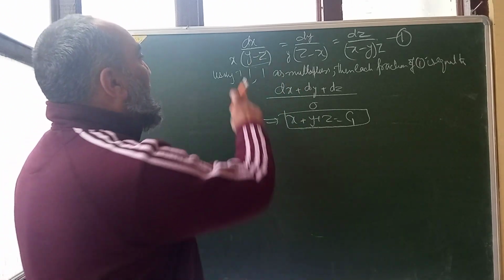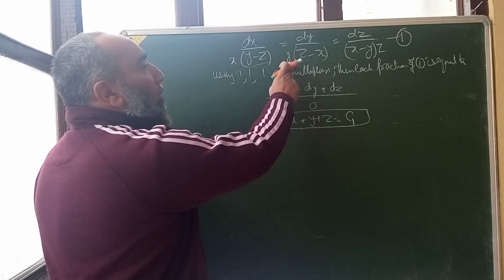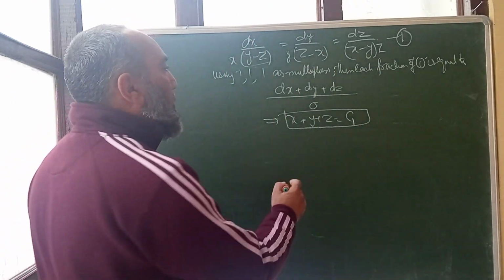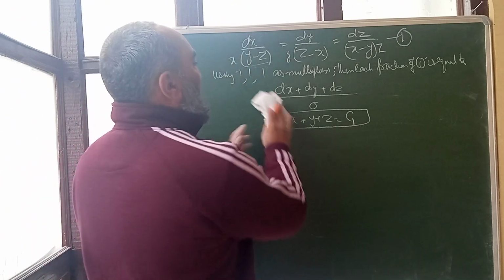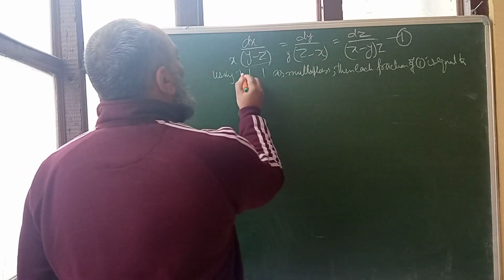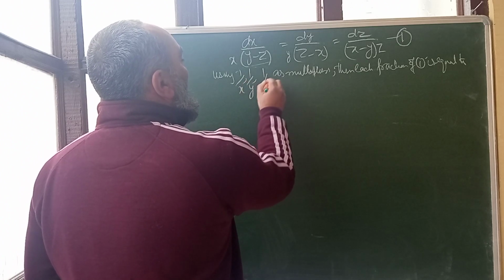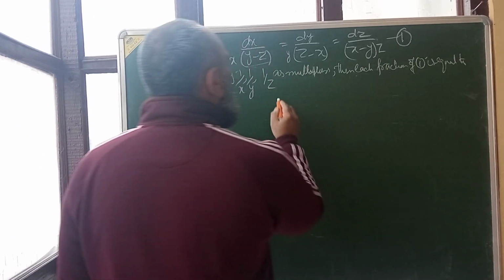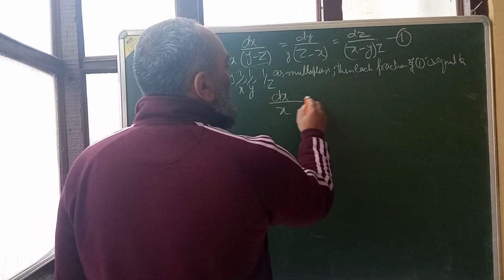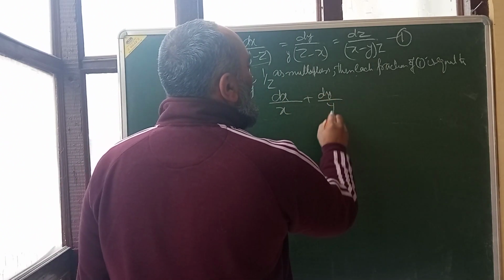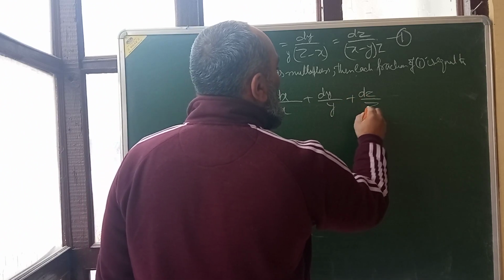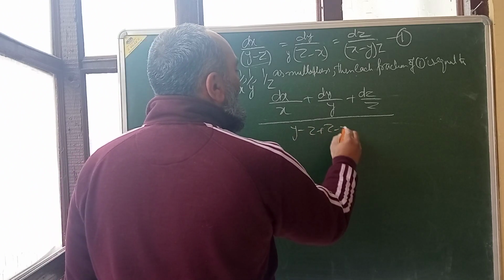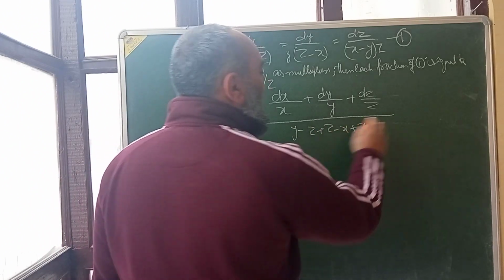You have seen that if x is not here, y is not here, z is not here, it's still 0. The denominator is still 0. So if I choose 1 by x, 1 by y and 1 by z as multipliers, then each fraction is equal to dx by x plus dy by y plus dz by z divided by 1 by x into x, y minus z, z minus x, x minus y.